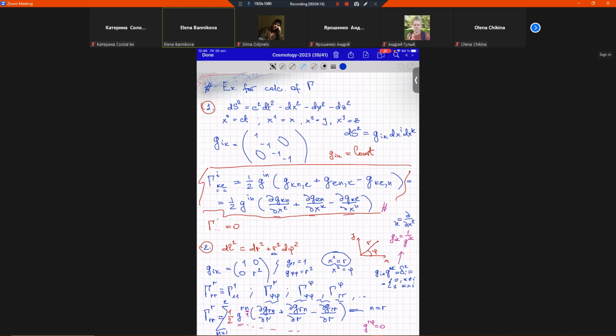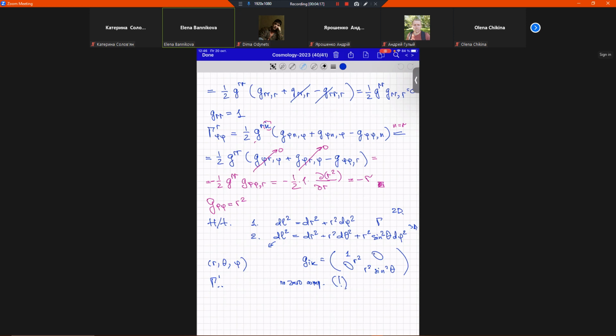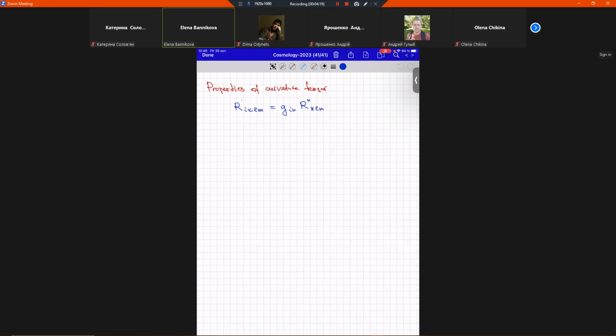This procedure needs some time to obtain, and I don't want to spend time on this. I will write you the final expression, which you can use to obtain the properties of the curvature tensor. If you would like to understand how we can obtain it, just write me and I can send you this proof.